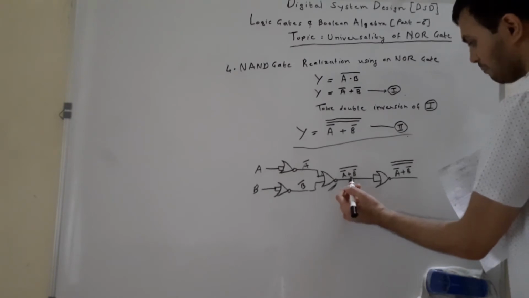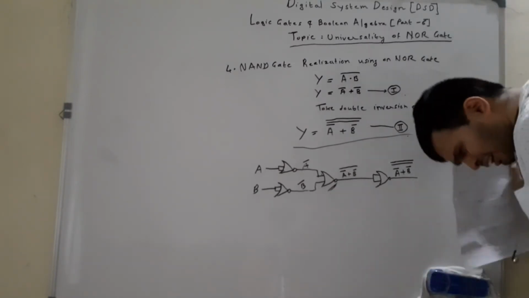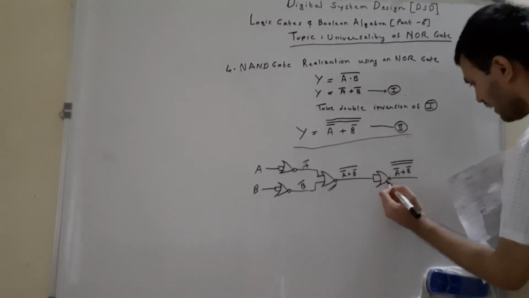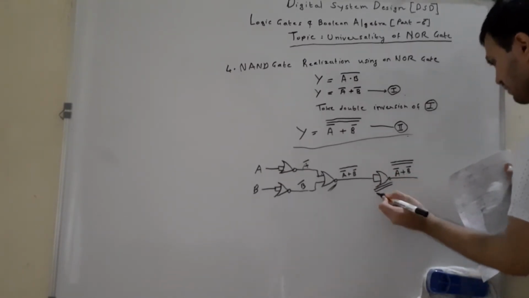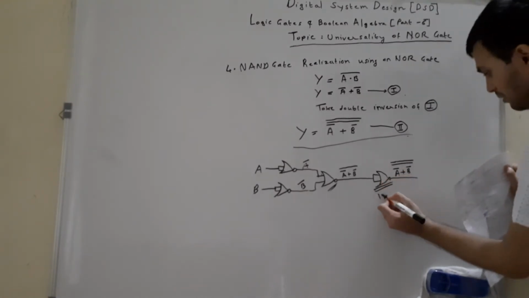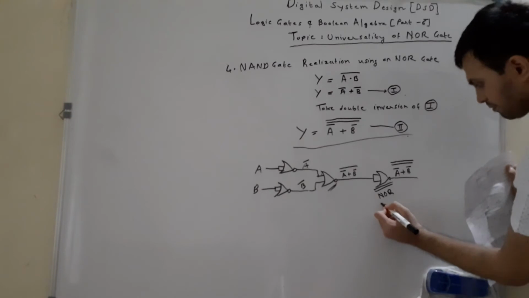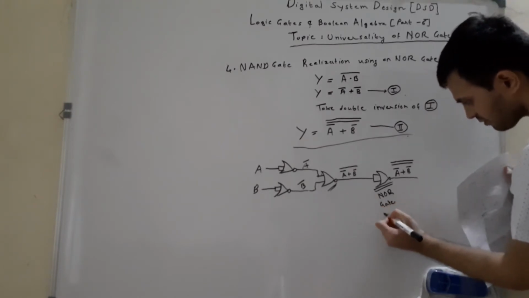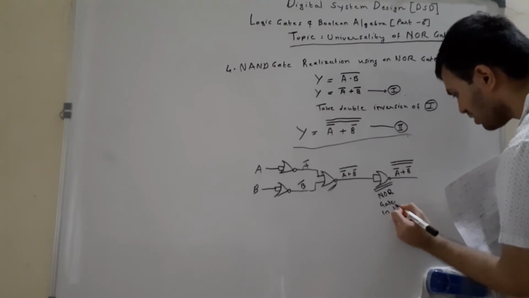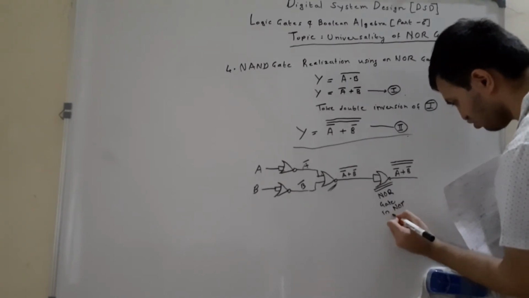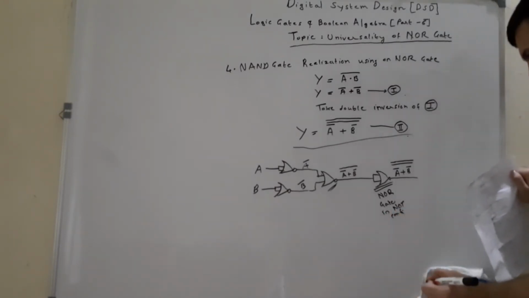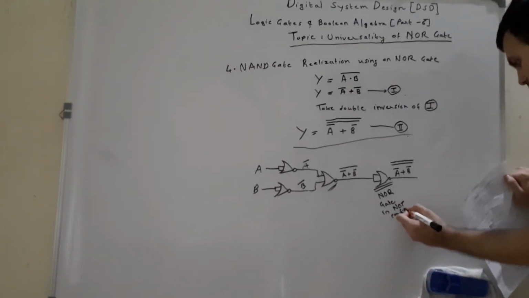From that we get A bar plus B bar the whole complement, and then at the final stage we attach a NOR gate in NOT configuration.